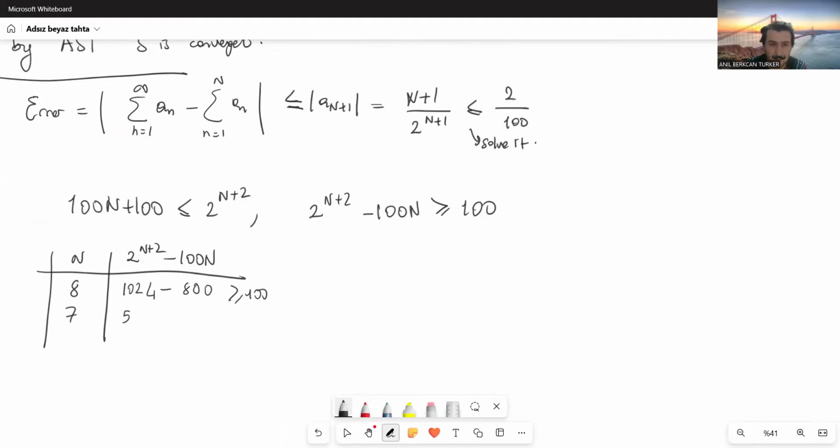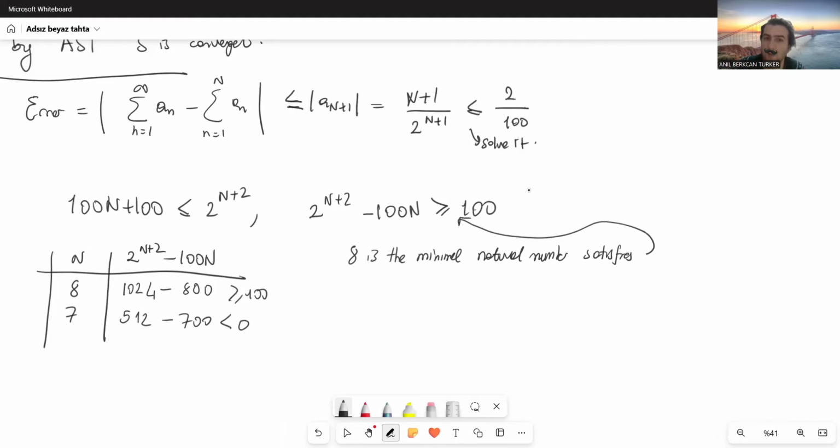So it's like 512 minus 700. It is even negative. Okay, now my estimation was correct then, very good. 8 is the smallest number. So 8 is the minimal natural number that satisfies this inequality.